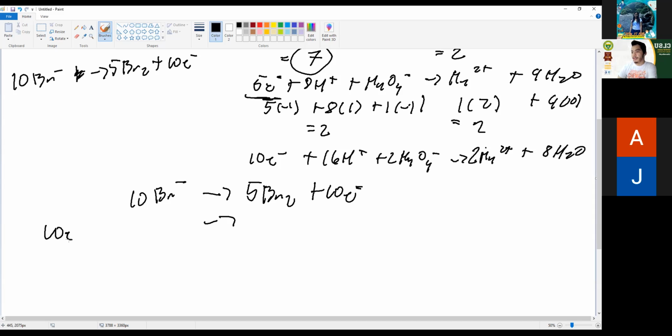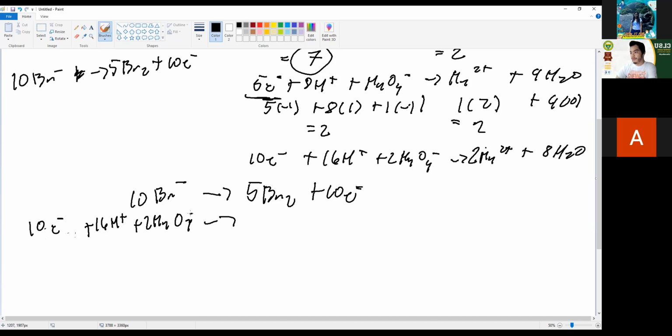Tapos 10 electrons plus 16H plus 2MnO4 negative will yield 2Mn2 plus 8H2O.